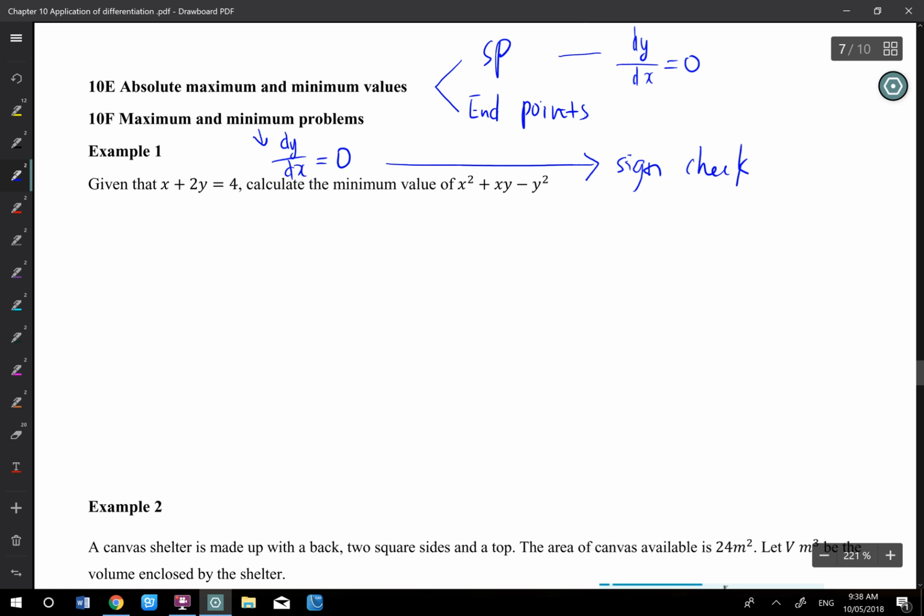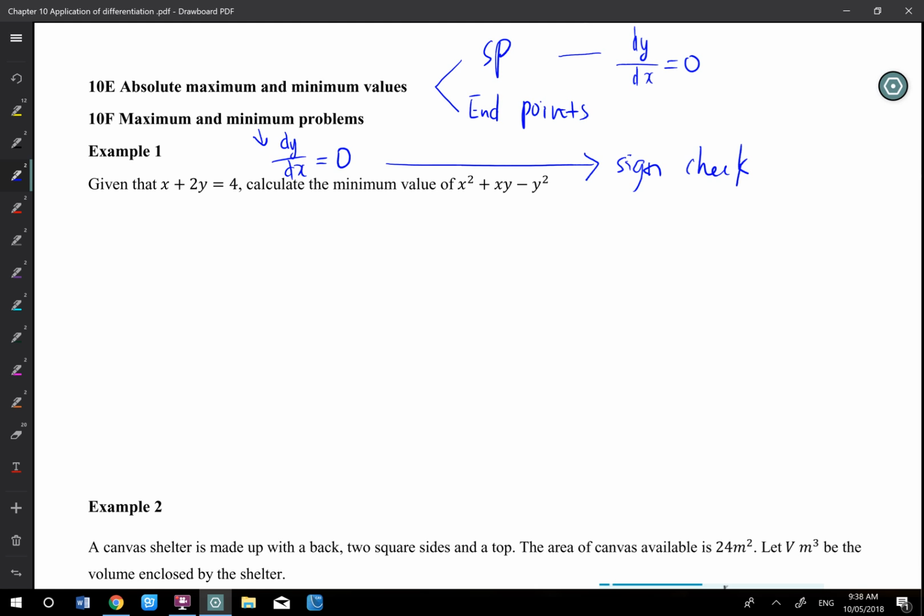We need to check whether we get a maximum or a minimum. But the question normally is quite generous to you. If they ask for maximum, the dy/dx solution will be a maximum point. And if they ask for minimum, the solution will be the minimum. Normally they give you exactly what you need. Otherwise you can't do it any other way.